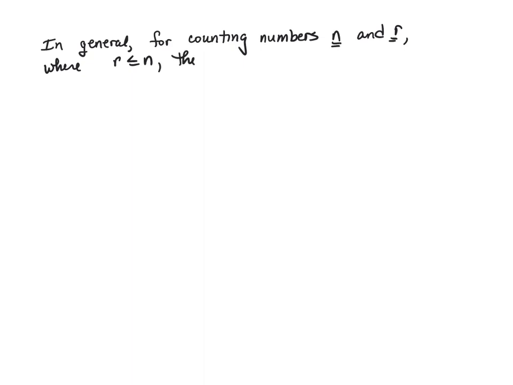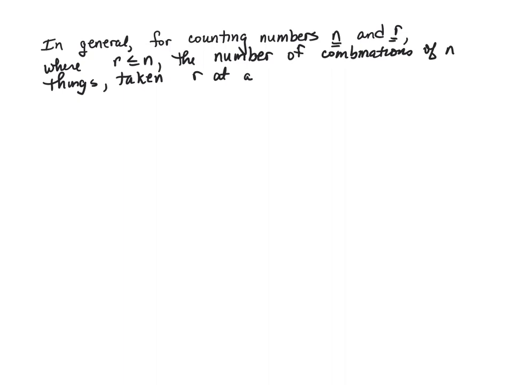for counting numbers n and r, where r has to be less than or equal to n, the number of combinations of n things taken r at a time is found by this formula.